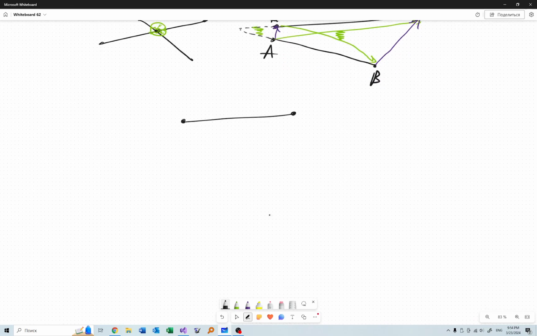Okay, so we take two segments, they are not parallel, so we intersect them. We get some point. Then we need to check if this point lies on each of these segments.